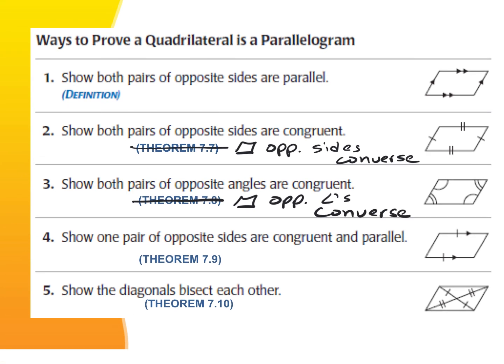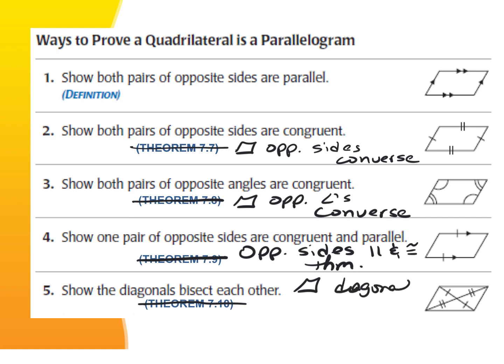And when you show one pair of opposite sides are congruent and parallel, that's the new theorem. So opposite sides, parallel, and congruent theorem. And then the last one is the parallelogram, diagonals, converse.